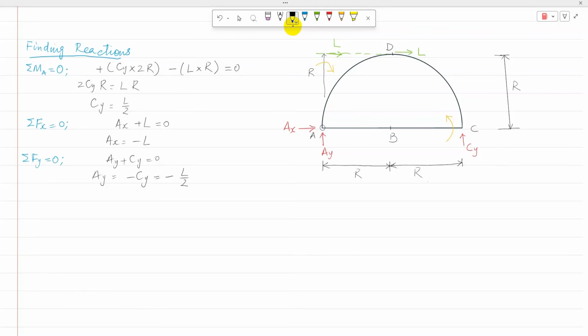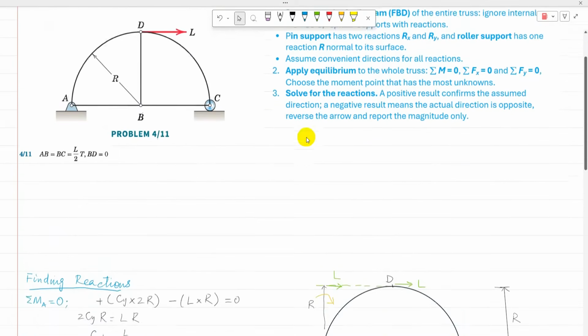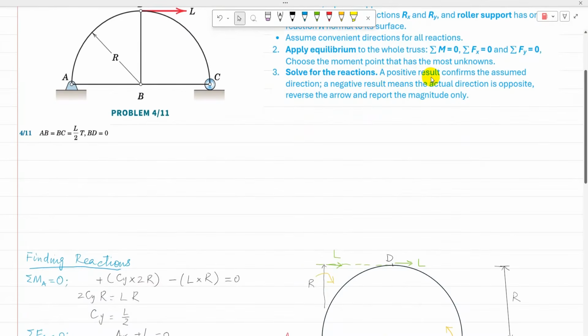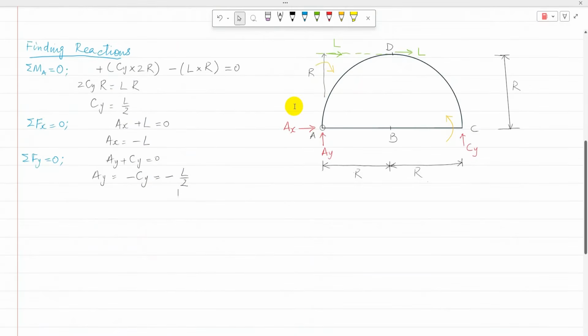So I have chosen random directions of the reactions and then solved for them. A positive result confirms the assumed direction is correct. For Ax, the answer is negative, which means its chosen direction, towards the right, needs to be opposite.